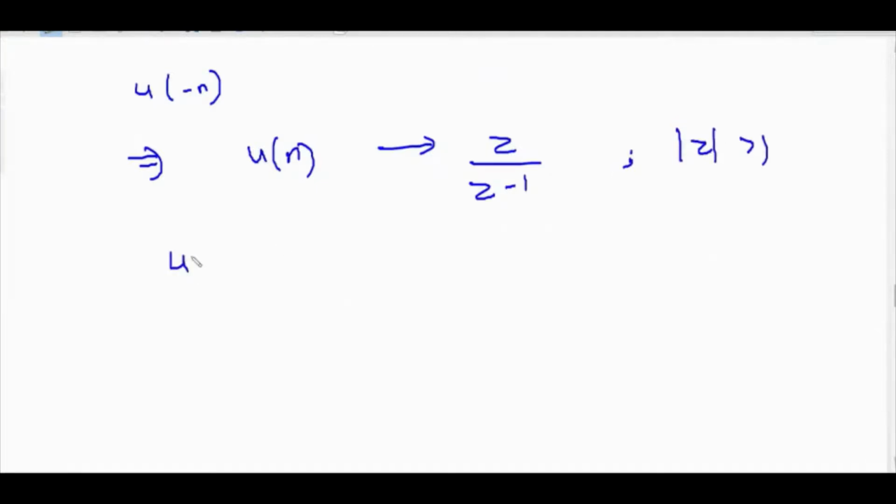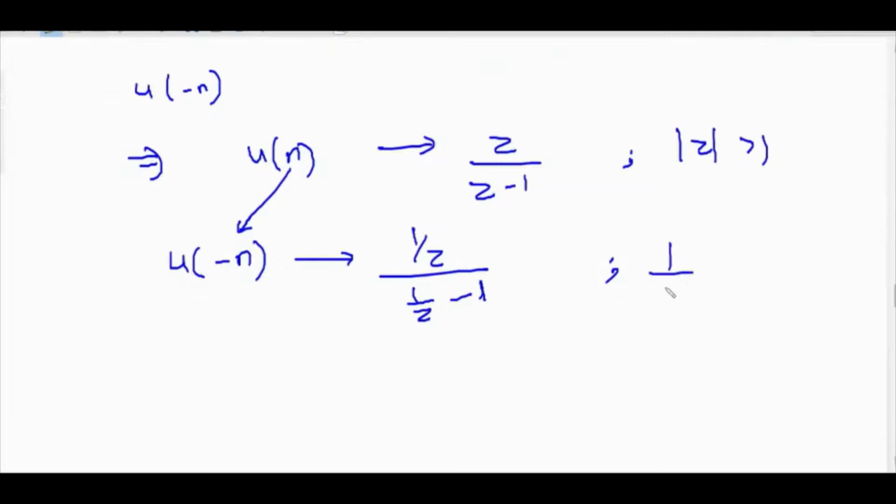Then for u of minus n, whenever we are doing the folding, we have to replace z with 1 by z. So z is replaced by 1 by z, giving 1 by z minus 1. When I am replacing n with minus n, I have to replace z with 1 by z. And ROC in this case will be 1 by magnitude z greater than 1.